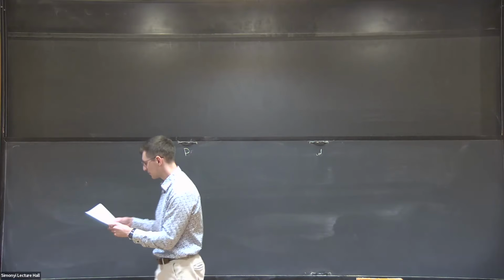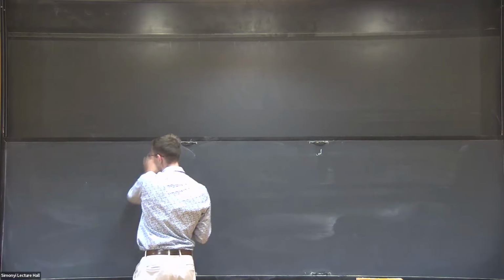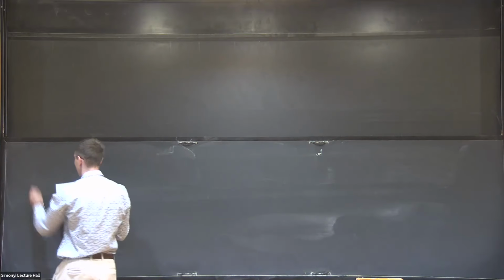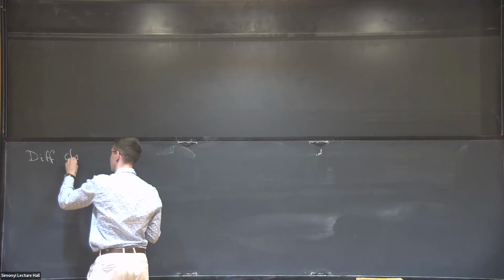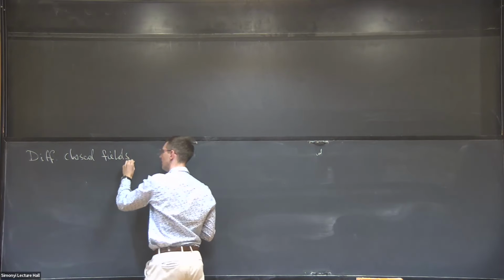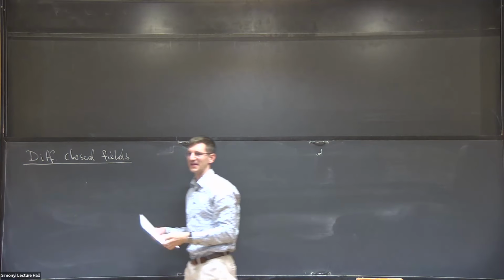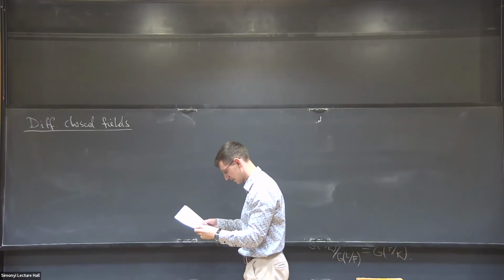So the point is to do some geometry with differential equations. And I want to say something about the setup of differentially closed fields. But I'm not sure if it answers your question, but okay.